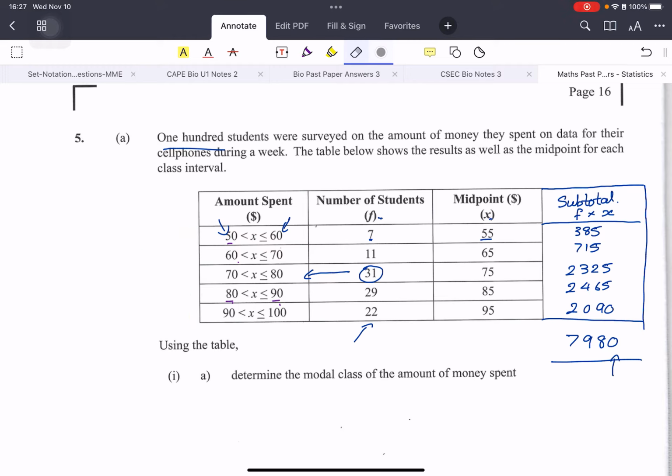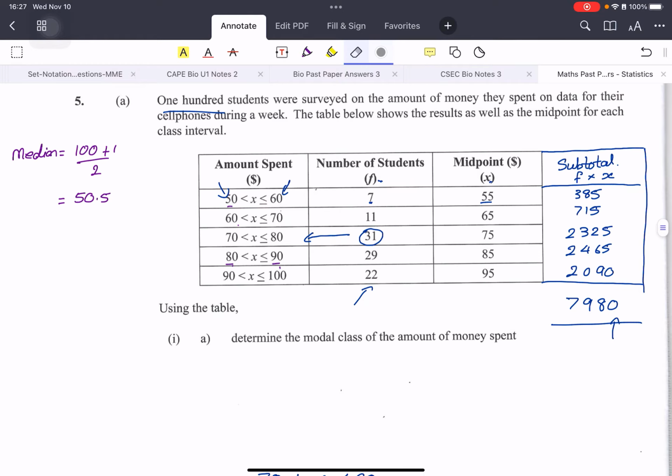Right, so remember our median starts off by using our little formula, 100 students plus 1 over 2, and we're going to get 50.5. Therefore, we are looking to find the 50th and the 51st student. We need to know how much money they would have spent.